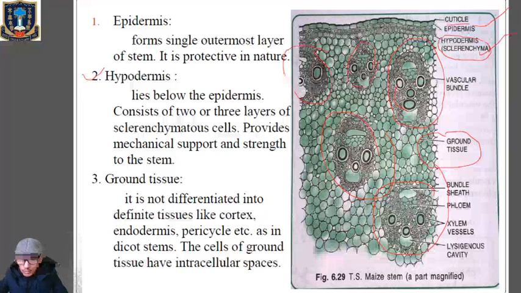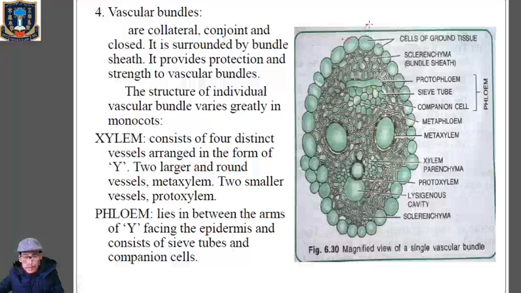Now we are going to look into the structure of one vascular bundle and discuss the xylem and the phloem. This is the magnified view of a single vascular bundle. Let's talk about xylem.